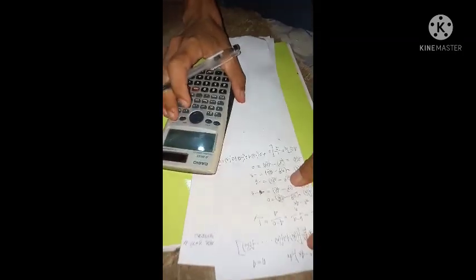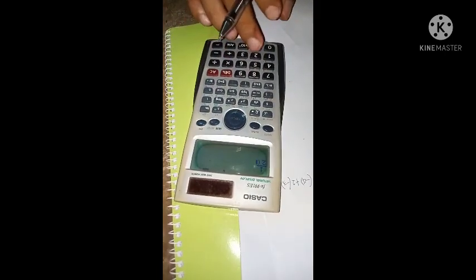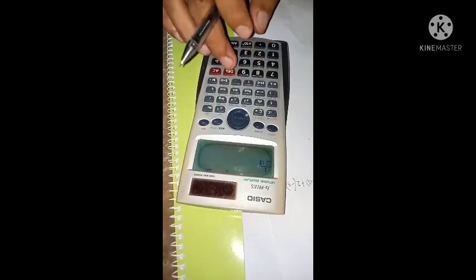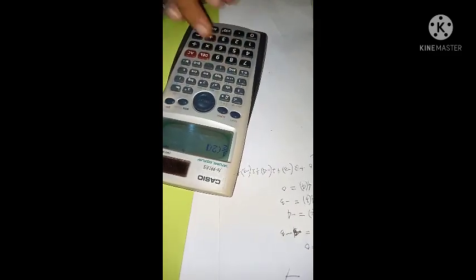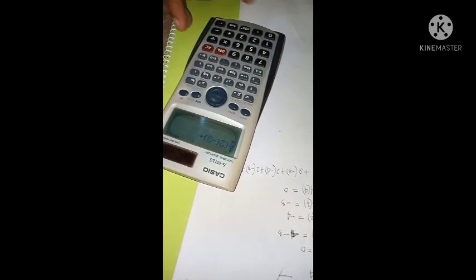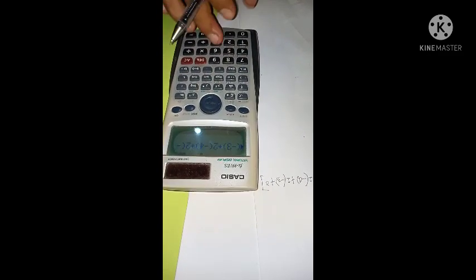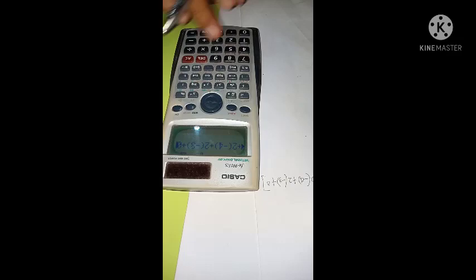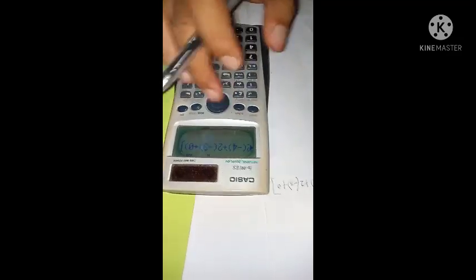Therefore, 1/2 times 2 times negative 3 plus 2 times negative 4 plus 2 times negative 3 plus 0 is equal to negative 10.